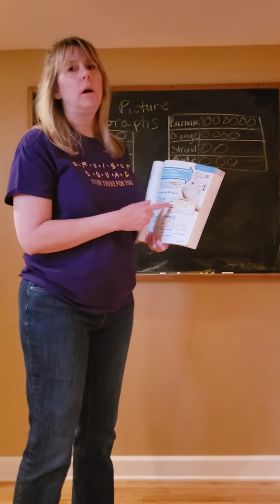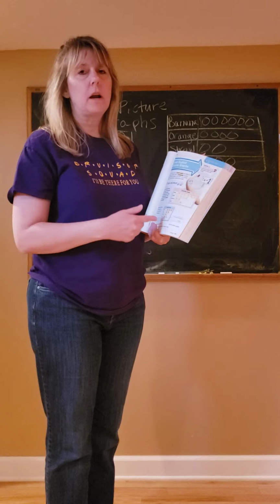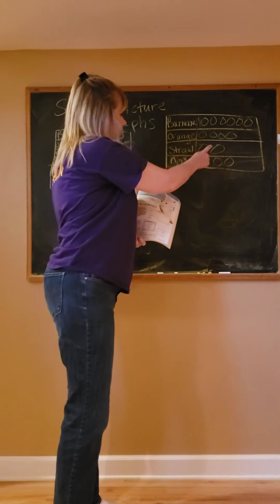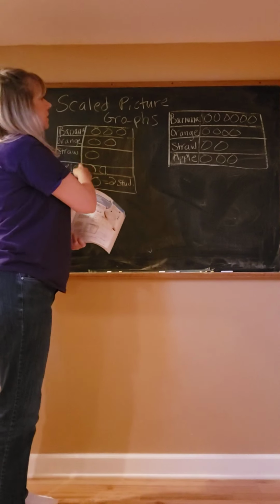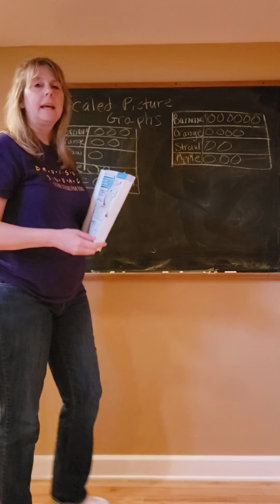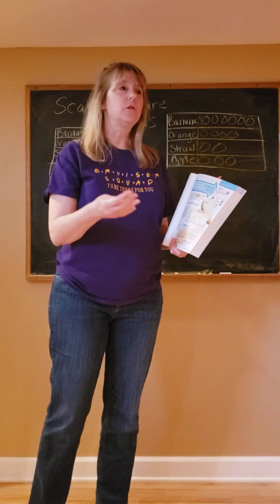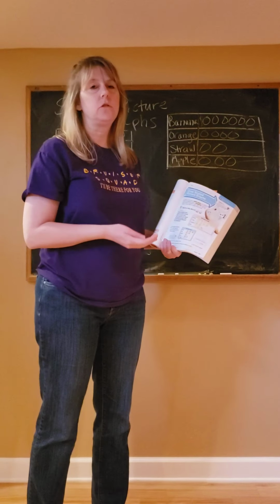Okay, I want to point out that all of your picture graphs are going to have a title. So this one is titled Favorite Fruits, and this one is titled Favorite Fruits, and they give us the same information and data that was collected by the teacher. However, it's displayed in 2 different ways.